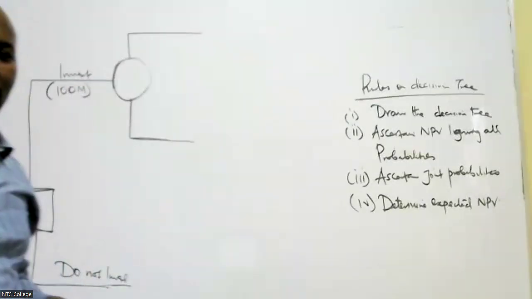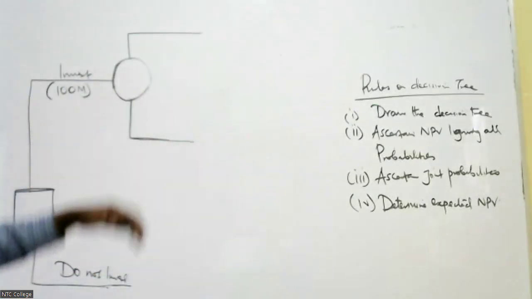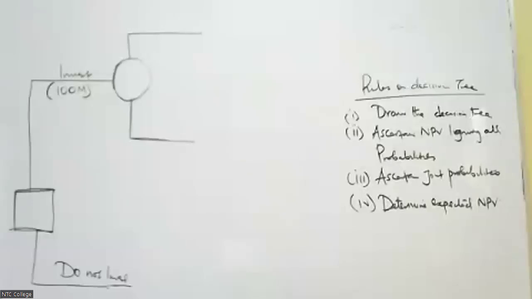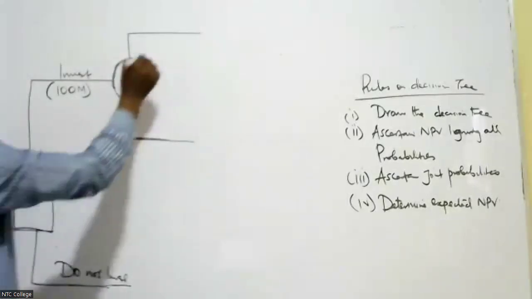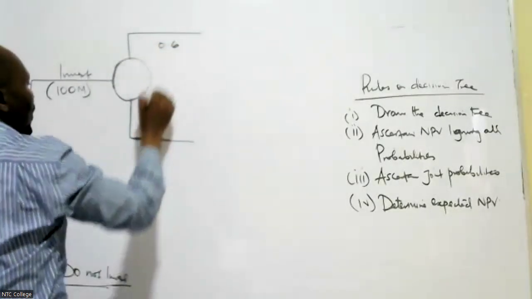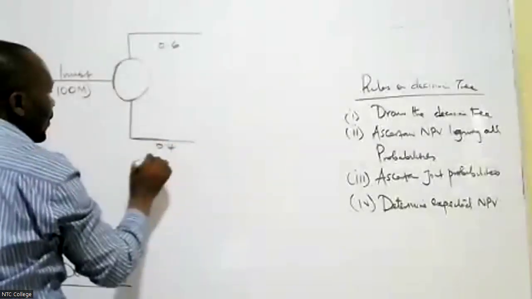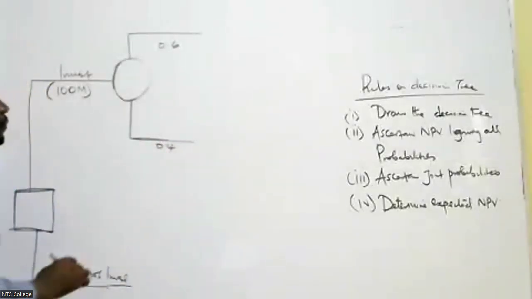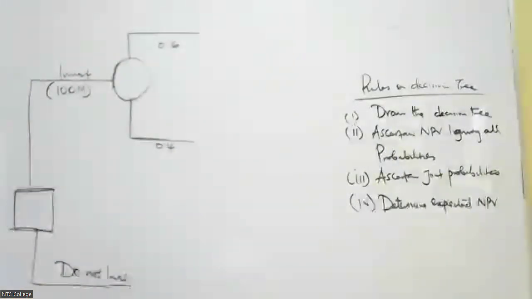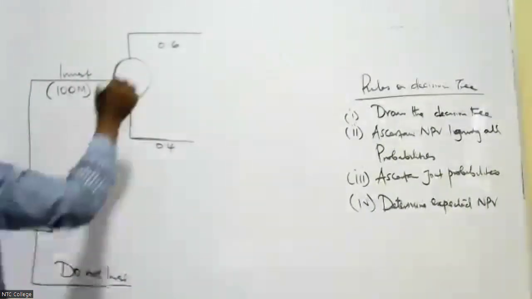Someone else now help us. What is the next thing here? Using probabilities. So we have the probabilities of 0.6 and 0.4, and 0.6 and 0.4. The amounts for 0.6 is 80 million.